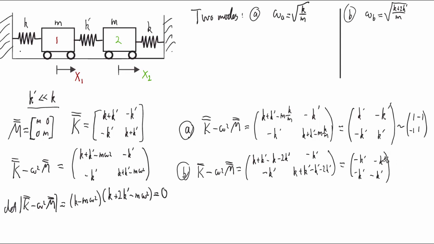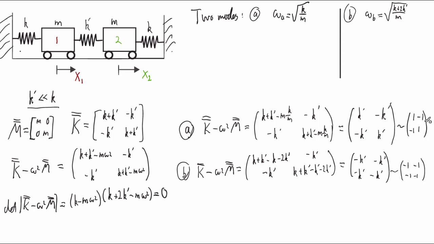So it's just minus K prime, minus K prime, minus K prime, minus K prime. And this is proportional then to minus 1, minus 1, minus 1, and minus 1. These are actually exactly the same result that we got when we had K prime equal to K. So we have the same modes.